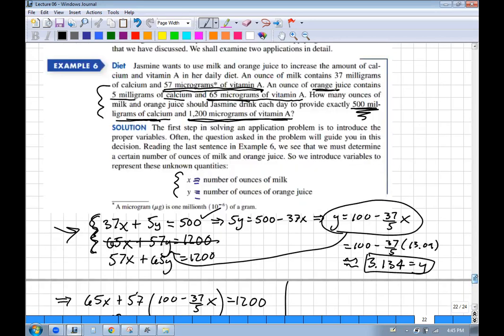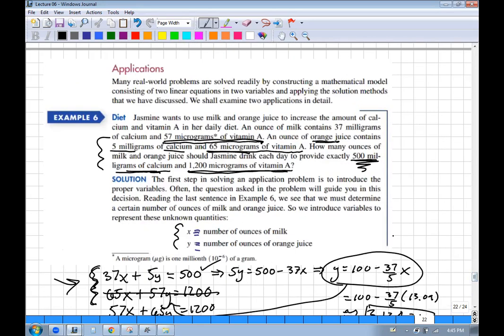It's hard to look through this whole paragraph, right? So if you're doing this for an exam problem, you have to be very careful. If I was taking my time to do this, I would draw a chart. I'd put milk, orange juice, and then over here, calcium and vitamin A. And I would fill in this chart so that I don't have to read all these words.